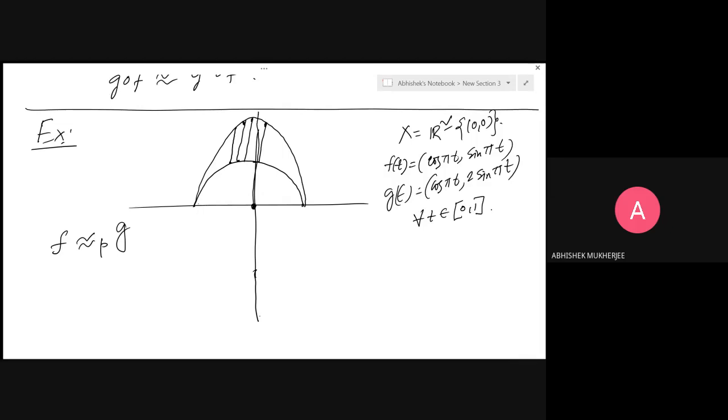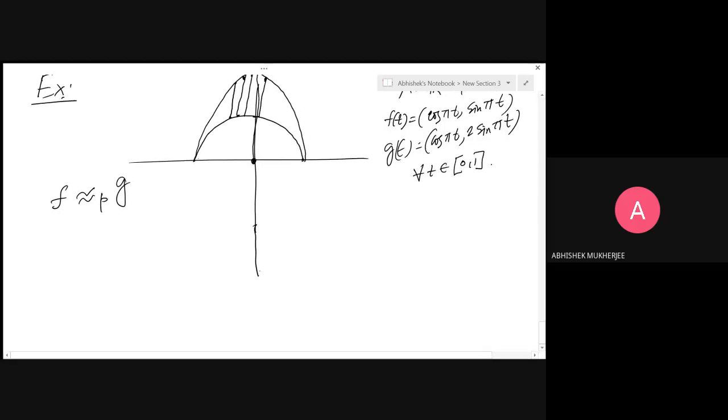Okay, but now I take the path H. What is H? H is (cos πt, −sin πt). That means the lower semicircle. Now you will get some problem because the plane is punctured at (0, 0).